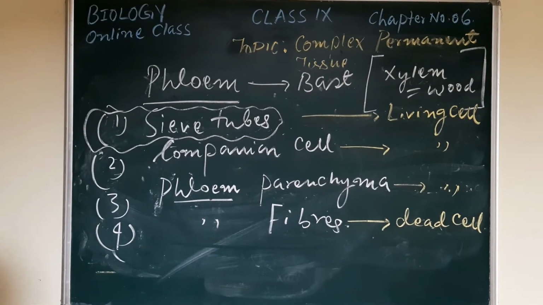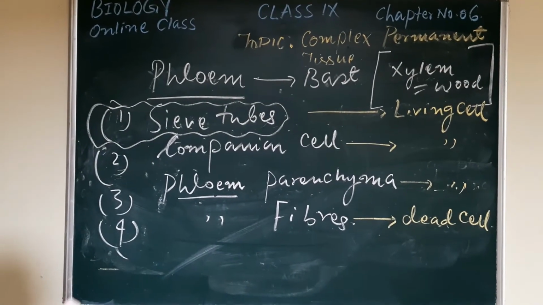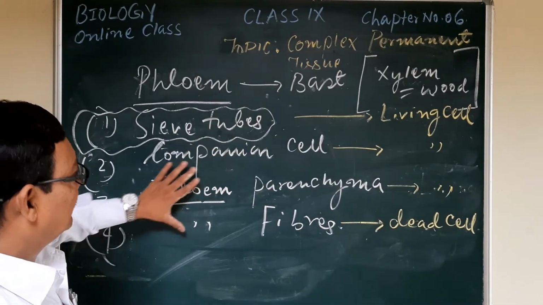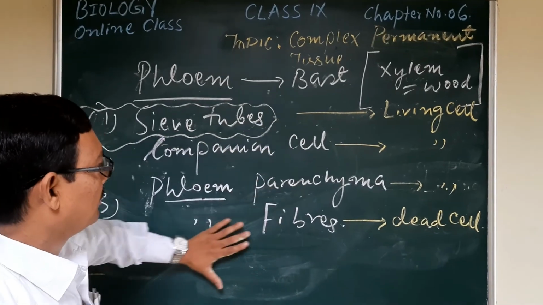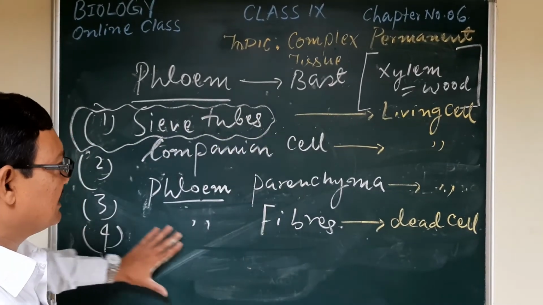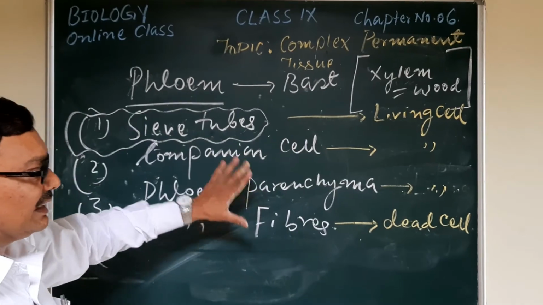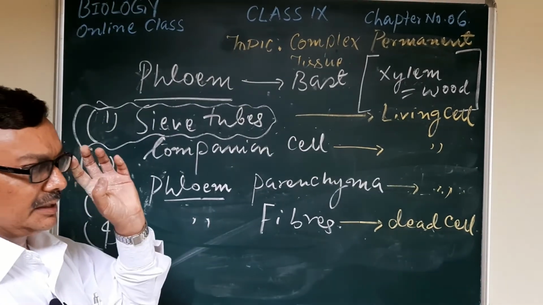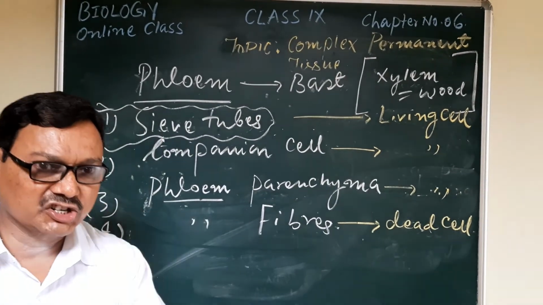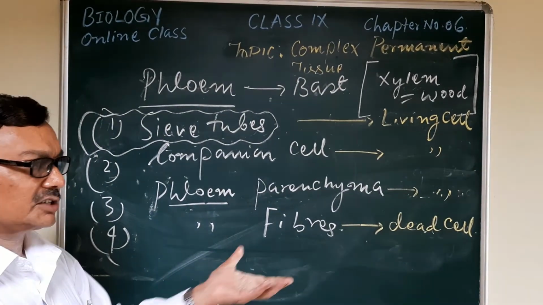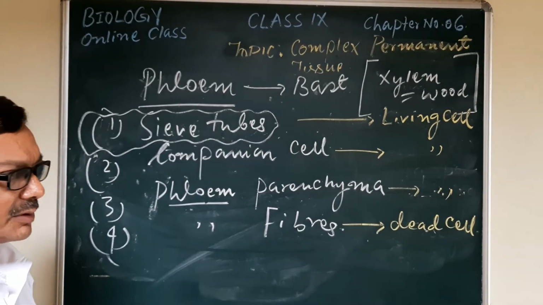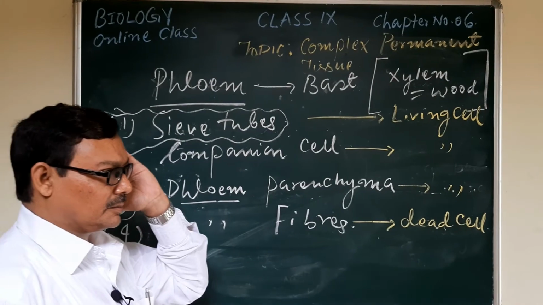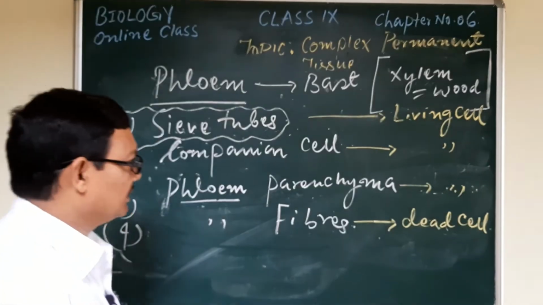So these are the elements, the components, the cells of the phloem. You have seen that xylem and phloem are both composed of different types of cells, but together they achieve a special function, that is the transportation process in the plant body, as well as storage, support and mechanical strength.